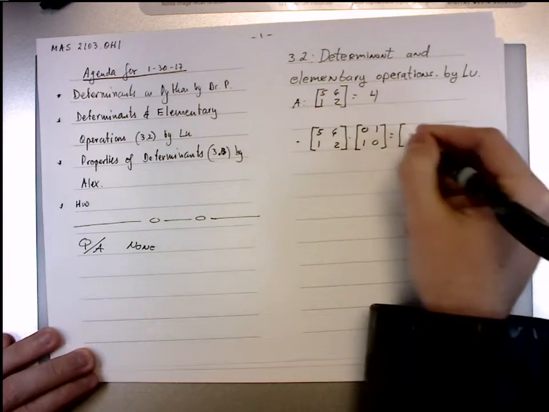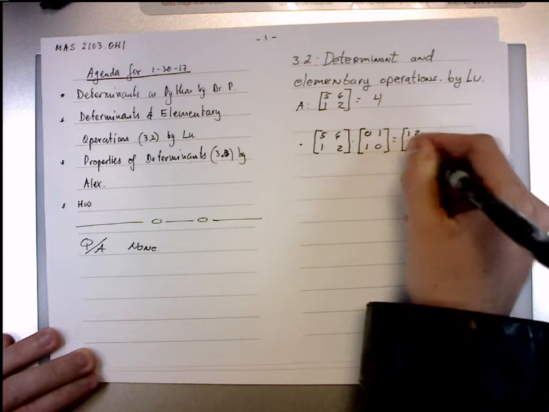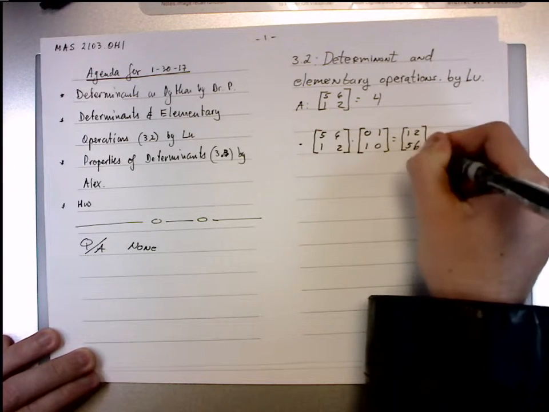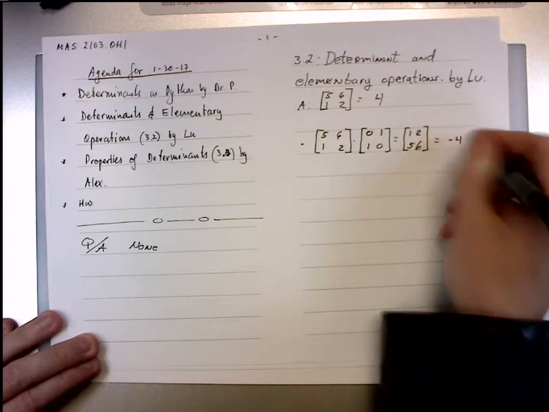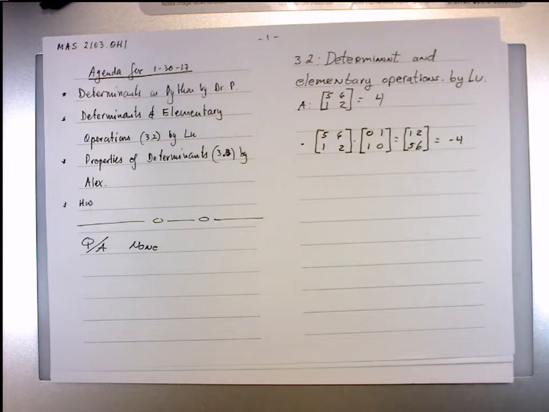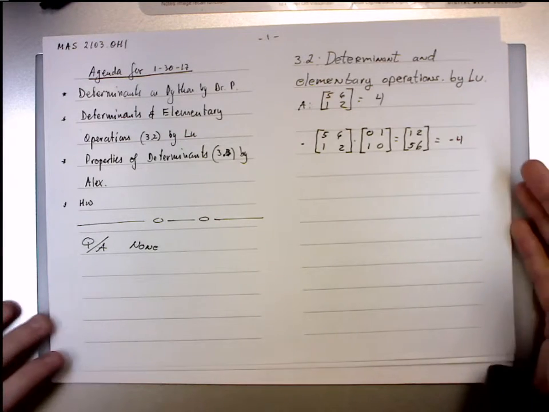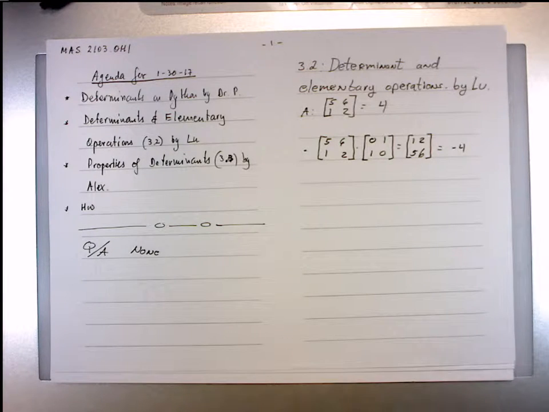Now our new matrix is 1, 2, 5, 6, and our new determinant is actually going to change. It's going to be -4. As you can see, if we switch the rows, we get a negative in front. So now our determinant is -4 instead of 4.